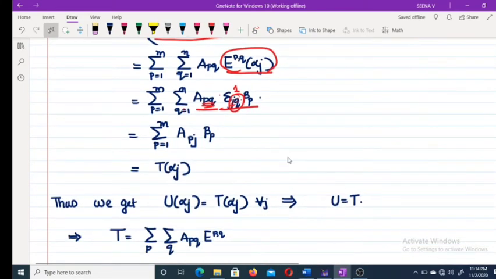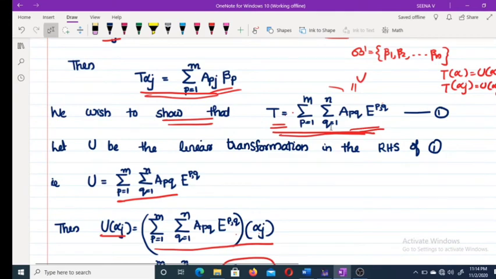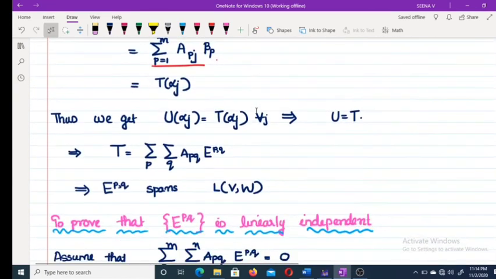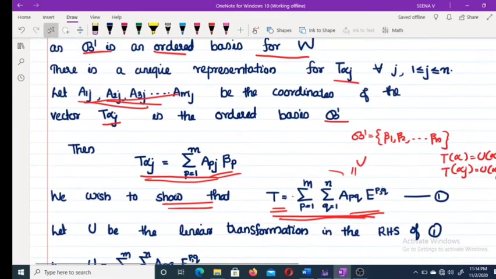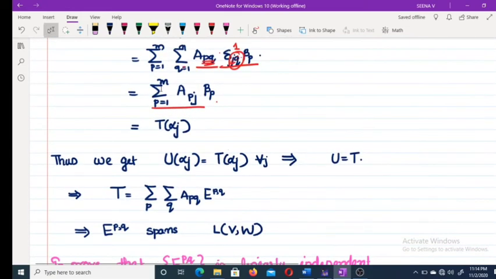Therefore, this is equal to sigma p equal to 1 to m of APJ beta p. Therefore, if you look back, T alpha j is APJ beta p, so this is equal to T alpha j. Once again, we already have T alpha j equal to sigma p equal to 1 to m APJ beta p. Here also we have sigma p equal to 1 to m APJ beta p. Therefore, this is equal to T alpha j.